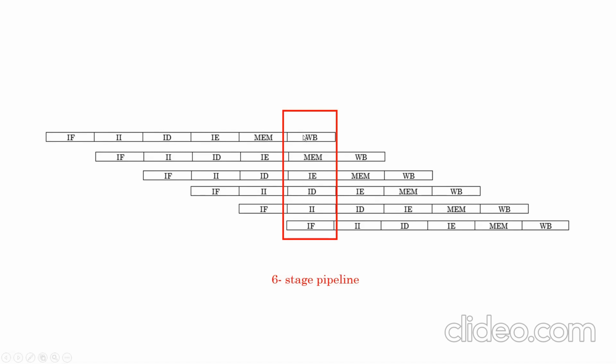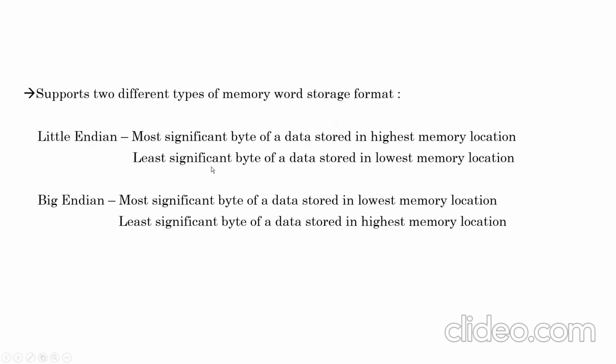So 6 different instructions will be in 6 stages: sixth in fetch, fifth in issue, fourth in decode, third in execute, second in memory access, first in write back. This is called a 6-stage pipeline.